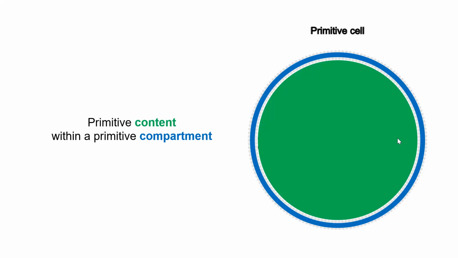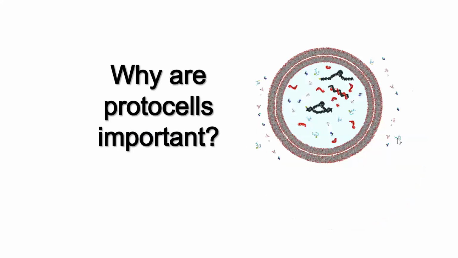But we'll get to that in a few slides, because what I think is really needed right now is to understand why protocells are important in the context of origin of life.